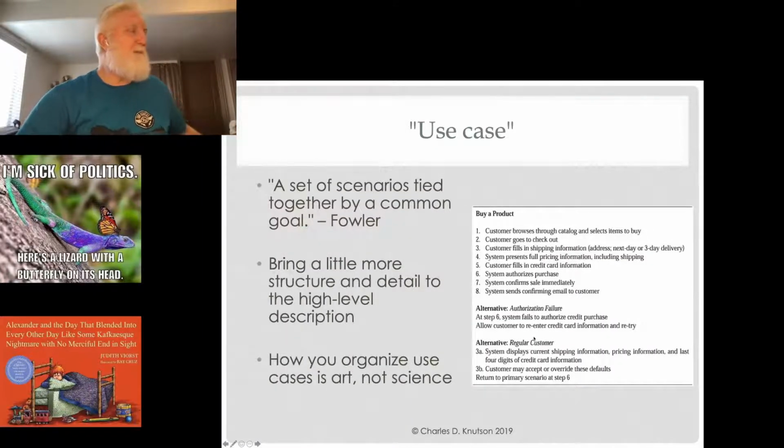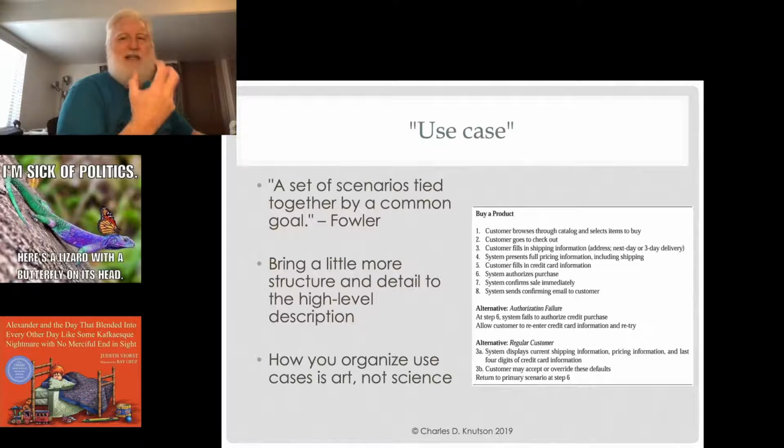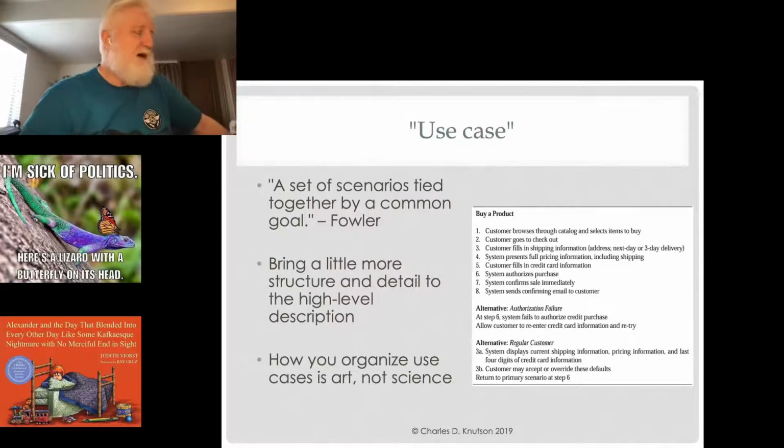So here's the idea of a use case. We defined scenario. Fowler then says that a use case is a set of scenarios tied together by a common goal. Again, at this level of granularity, I don't really care whether this is the most accurate way to view it or not.